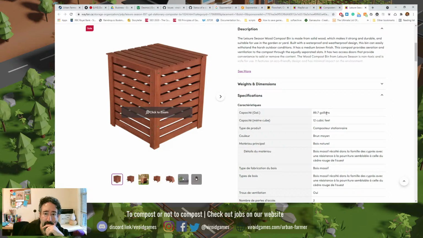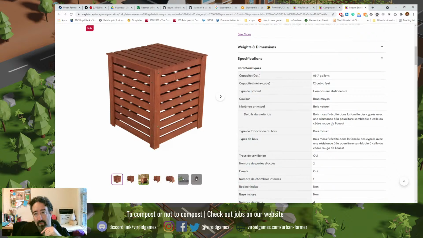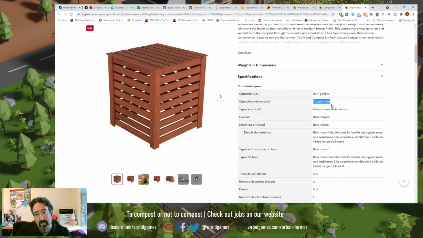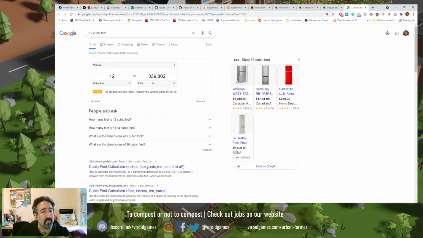There you go. This is not meter cubes. That's the liter. 340 liters. Okay. So this is what we'll put in the game.